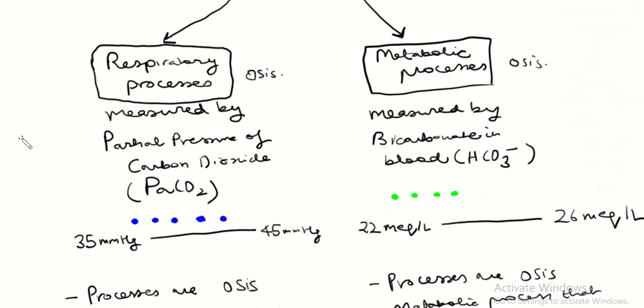Remember pH was 7.35 to 7.45. You see after the decimal, 35 to 45? That's pH normal range, and this is PaCO2 normal range.